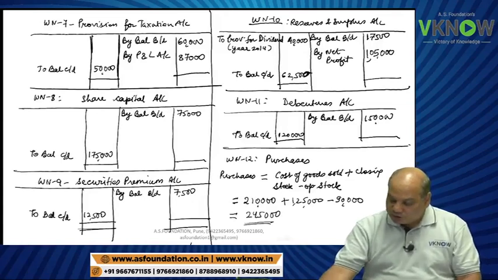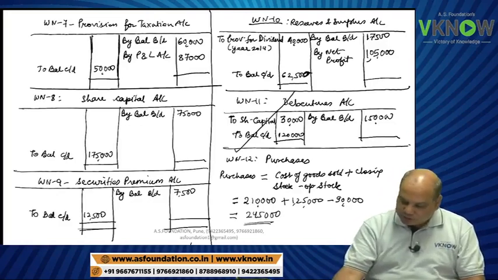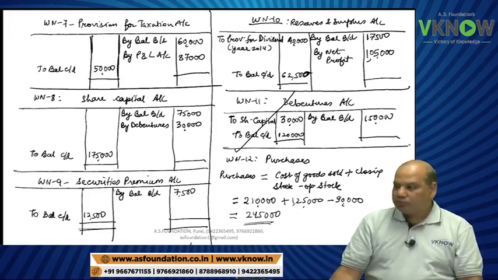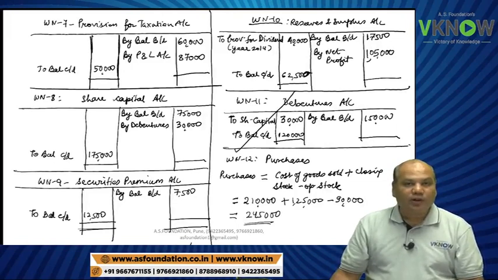So on the debenture account debit side, to share capital, working note 11, 30,000. So this account will tally now. Share capital account credit side, by debentures 30,000. This will not be reflected in the cash flow statement.